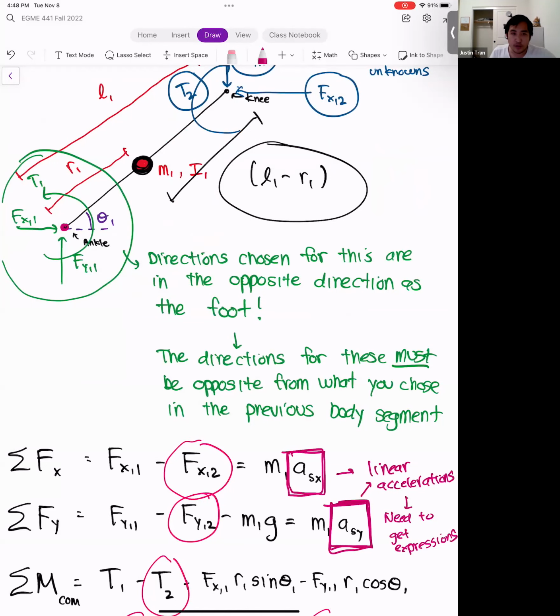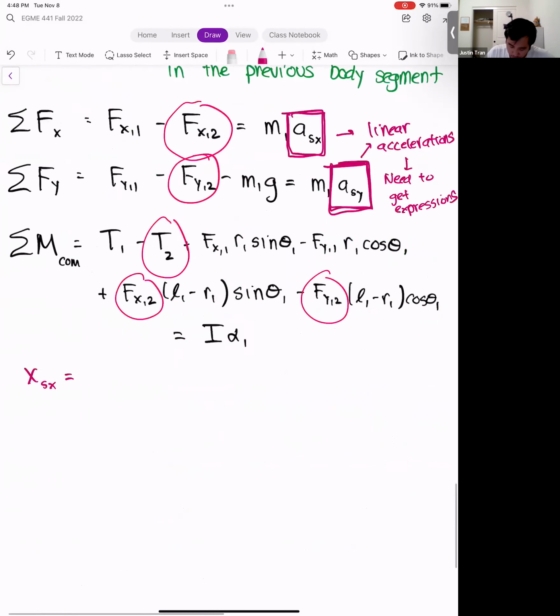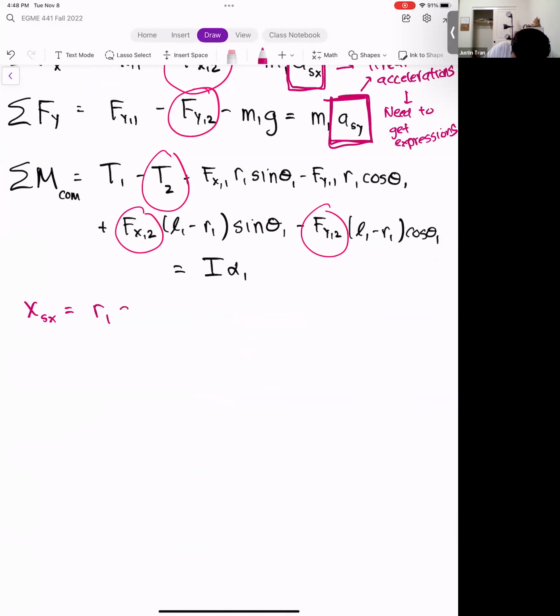Relative to the ankle, the x position of the center of mass is going to be r1 cosine theta 1. So that's the x position of the shank center of mass.